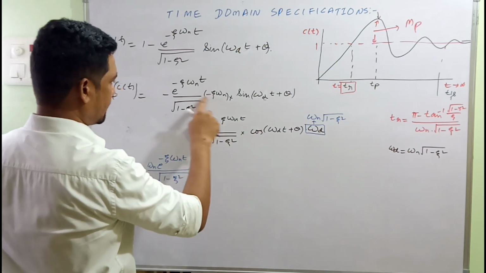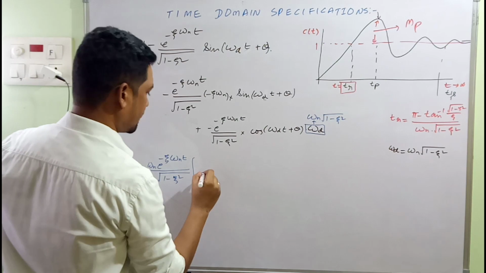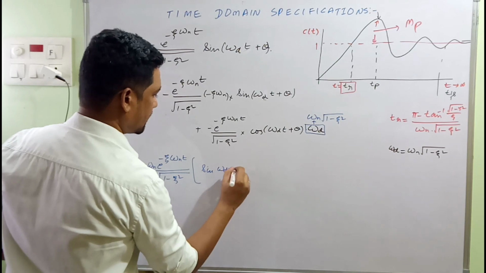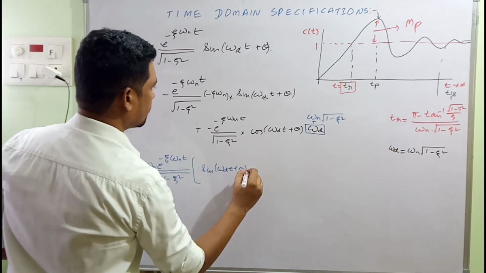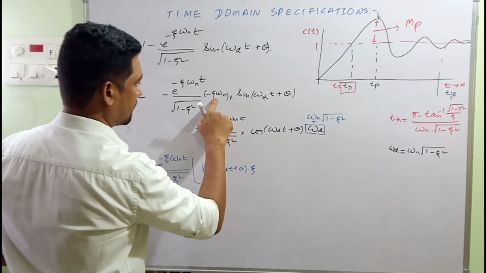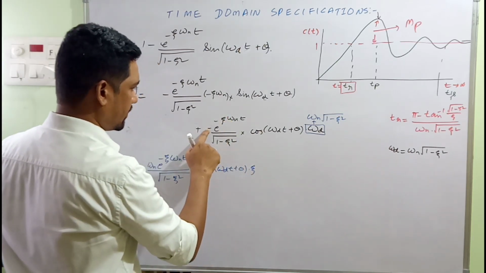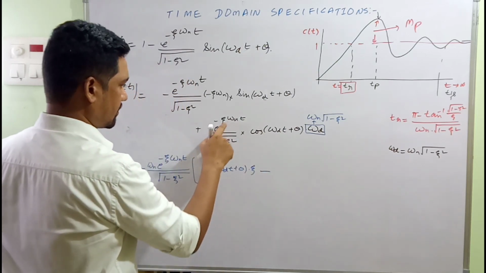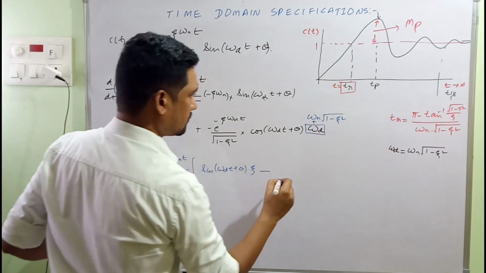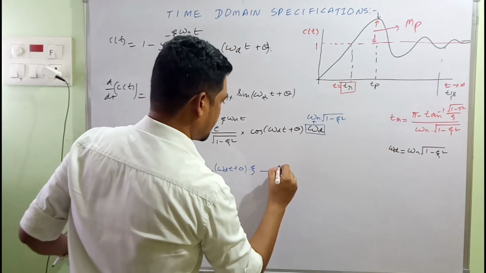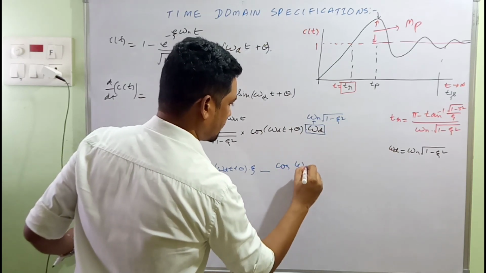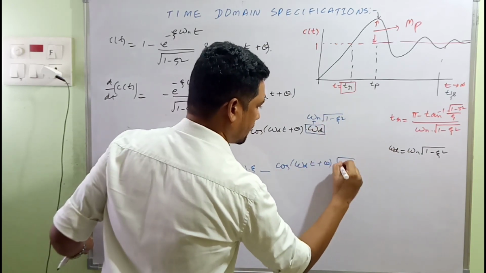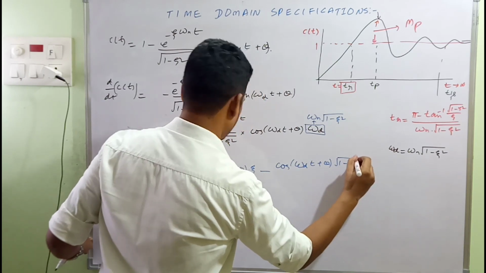So what will be left over if all these are taken out? We'll be having, this is positive, omega n is taken, so we'll be having sine omega d t plus theta into zeta, here we didn't take this zeta as common, and here it will be negative because of this negative, cos omega d t plus theta into under root 1 minus zeta square, right?